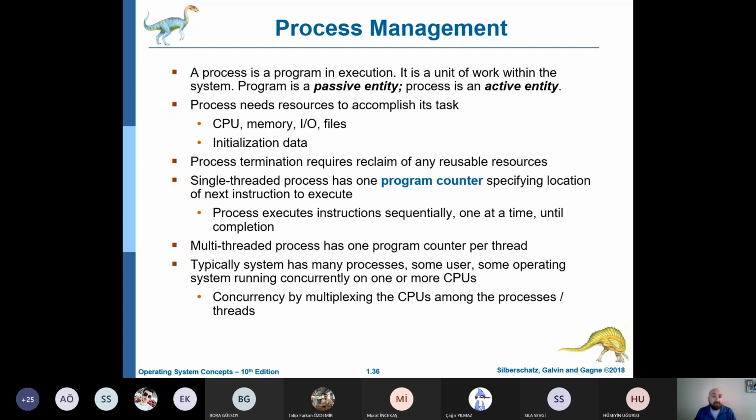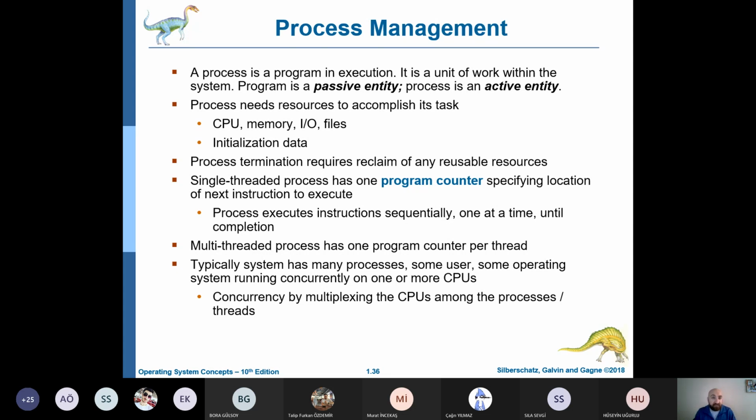As we have seen, an operating system is a resource manager. The system's CPU, memory space, file storage, and I/O devices are among the resources that the operating system must manage. We will start with process management. Basically, a process is a program in execution, as we already stated.